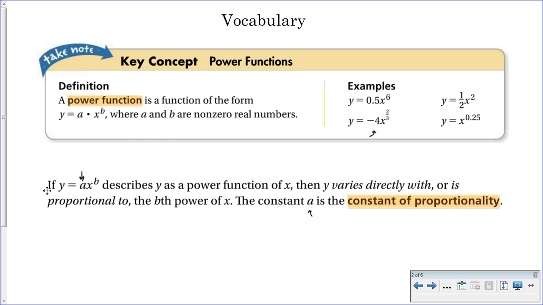And in fact, if y equals ax to the b describes y as a power function of x, then y varies directly with or is proportional to the bth power of x, basically x raised to the power. Y is directly proportional to x raised to that power. So a is called the constant of proportionality.